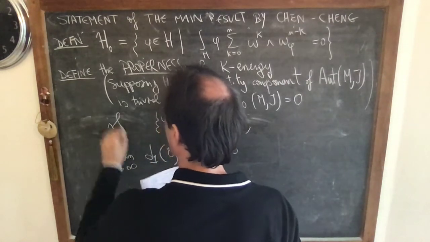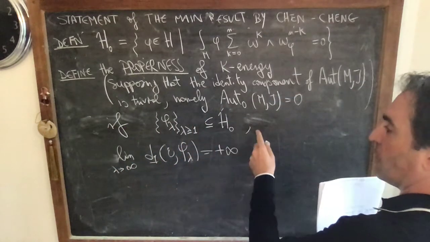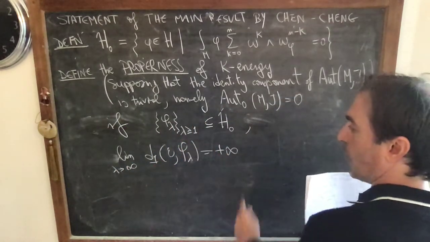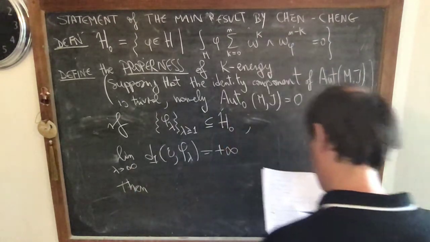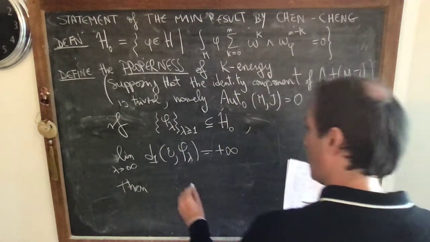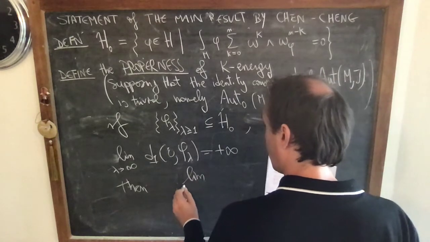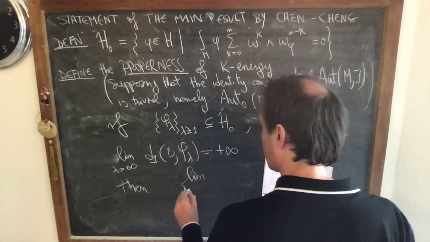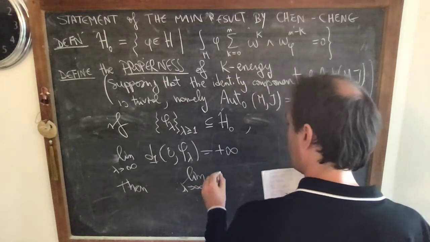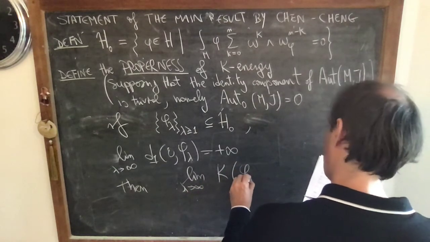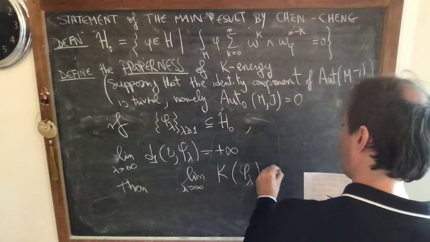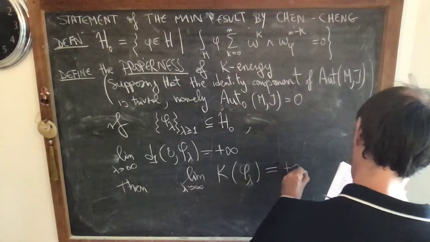If the sequence does this, then the limit for lambda that goes to infinity of the K energy evaluated at phi lambda is also plus infinity.